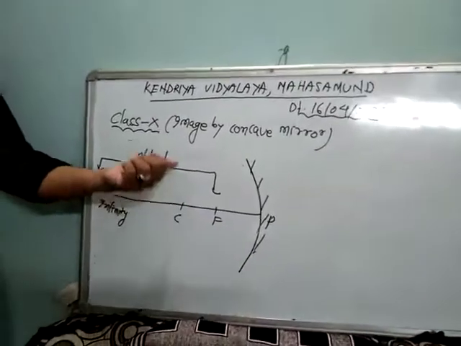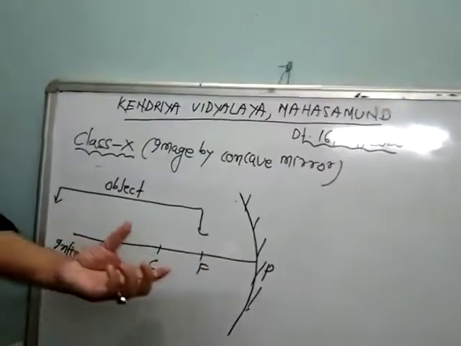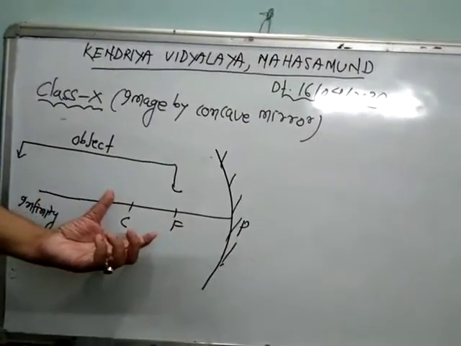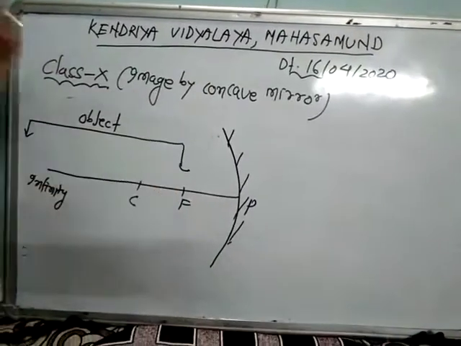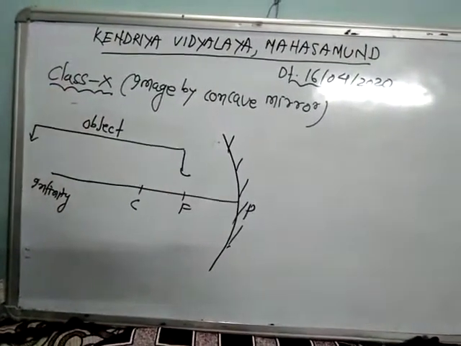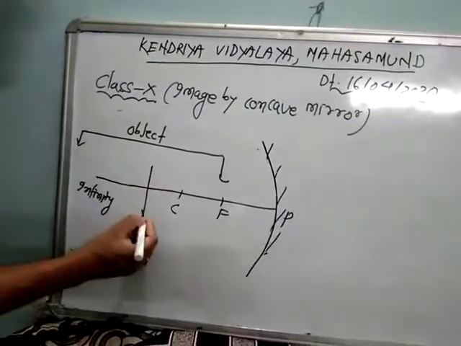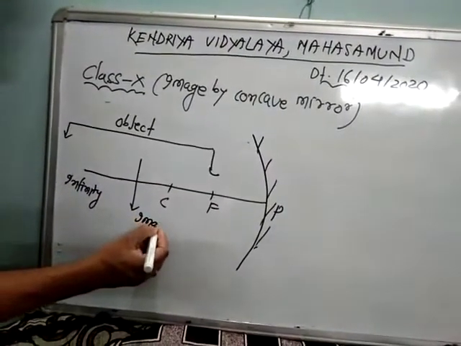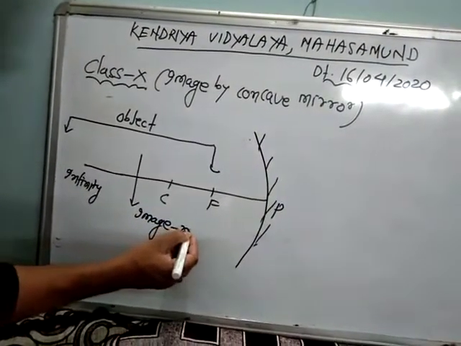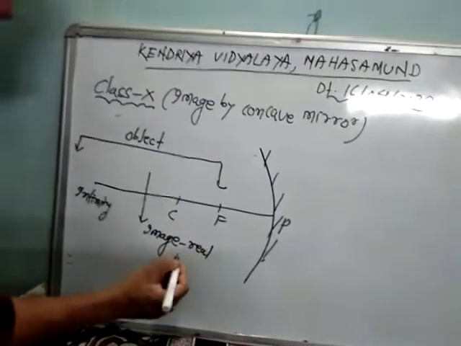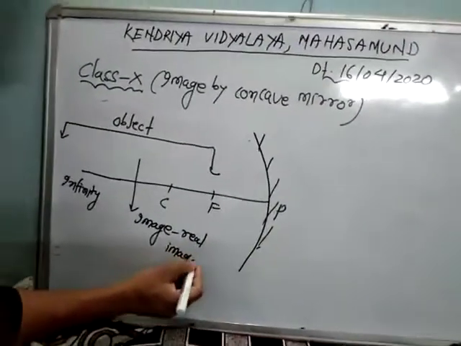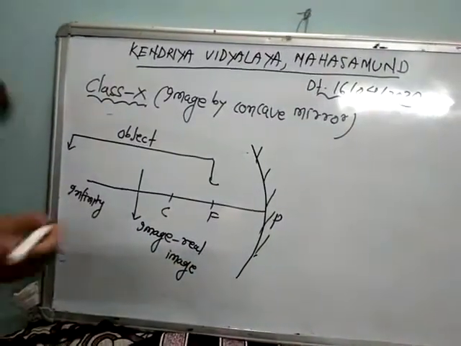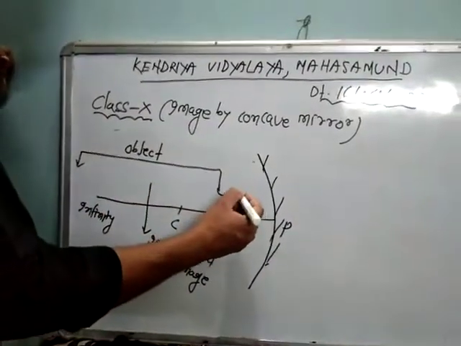Third one is object on the center of curvature. Fourth one is object between the center of curvature and focus, and fifth one is object at focus. Then the image will be a real image. We will draw the ray diagram. And there is a 6th case, if the object is between focus and pole.